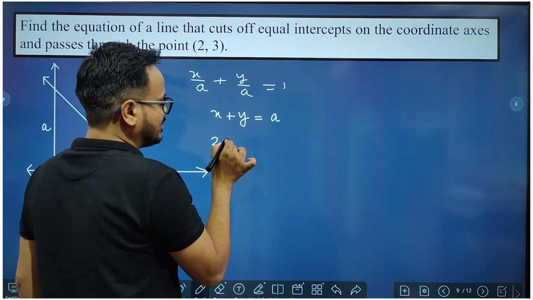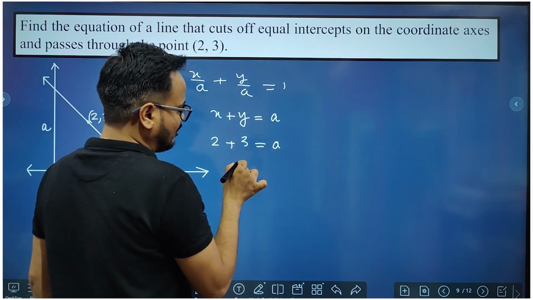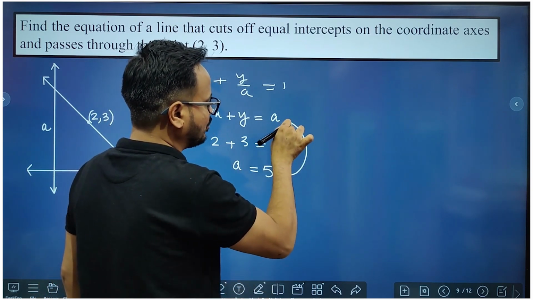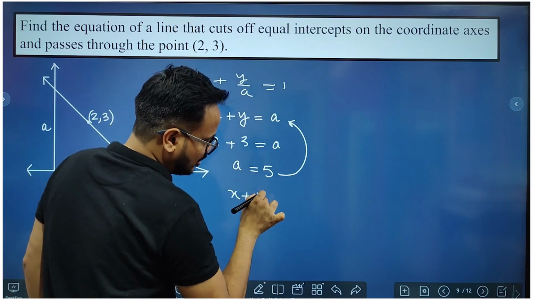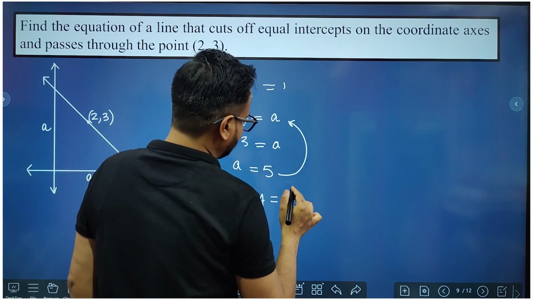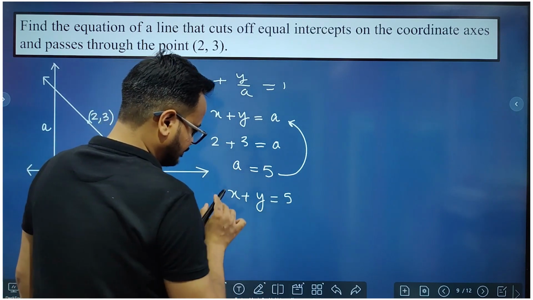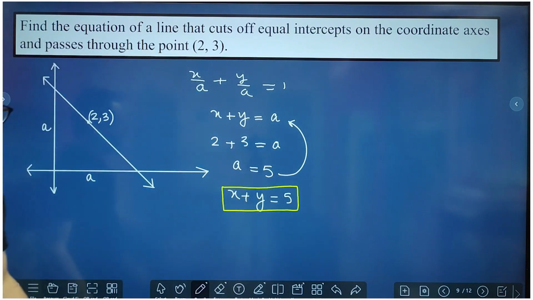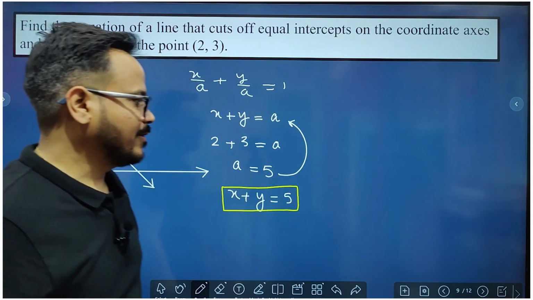So if we put x as 2 and y 3, we will get the value of a, that is 5. And if we put this value again in this equation, then we will get the equation x plus y equal to 5. Right? So this is the equation of the required line.